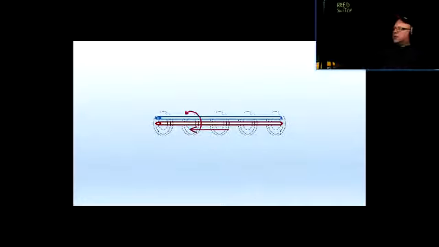Now let's put another wire right beside it, and you can see where I'm going with this. So the wire that's in red is an active wire that has electric current flowing through it, and the other, the blue wire, is just put in proximity with that active wire. What is going to happen?